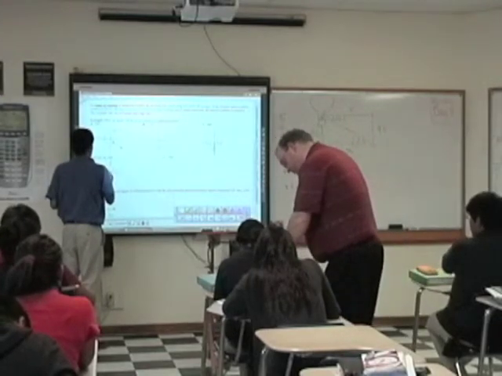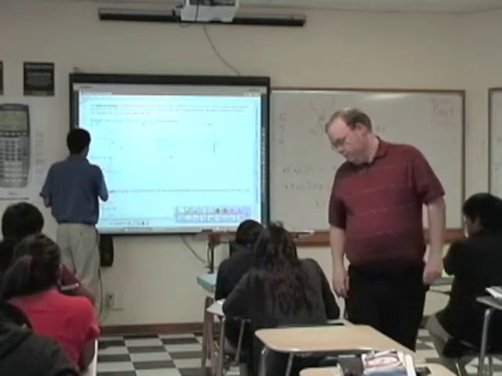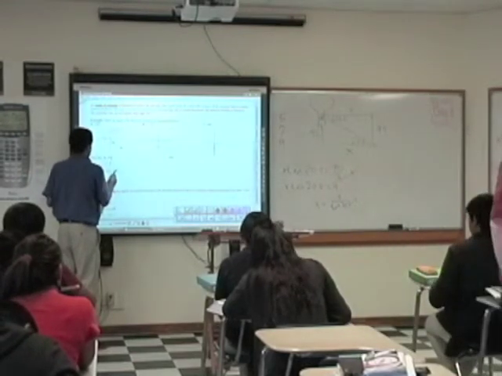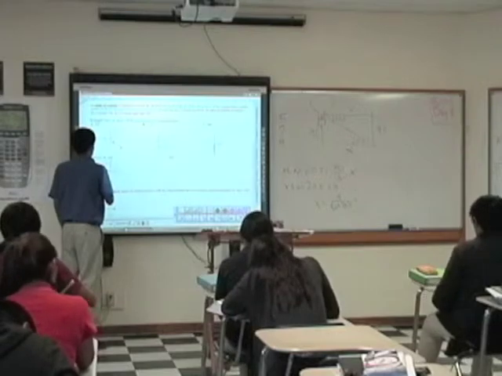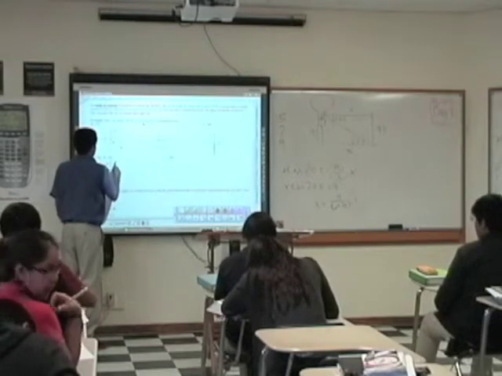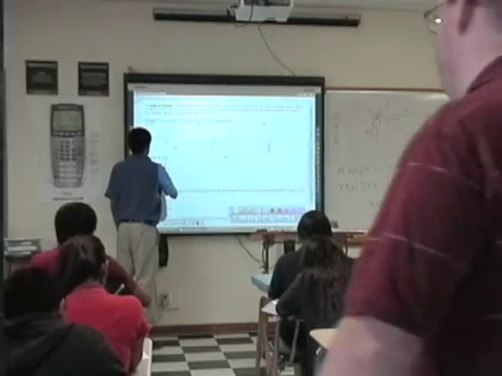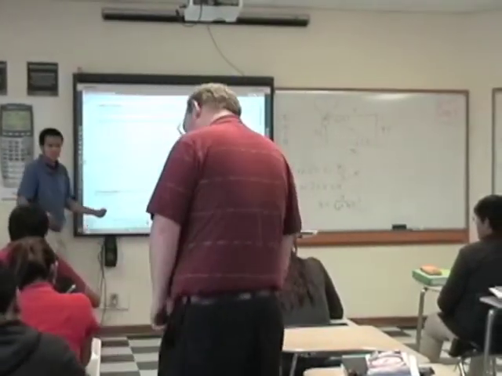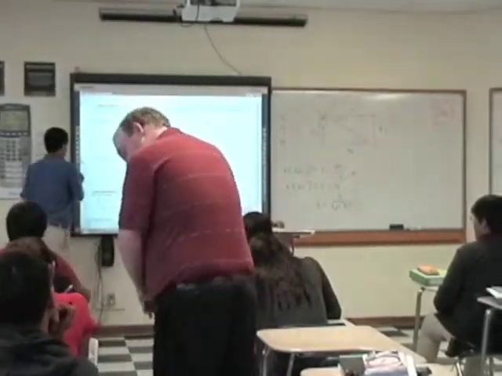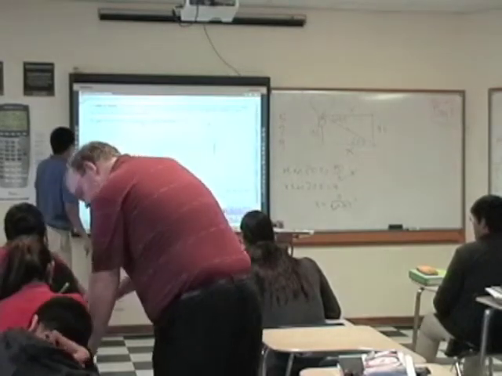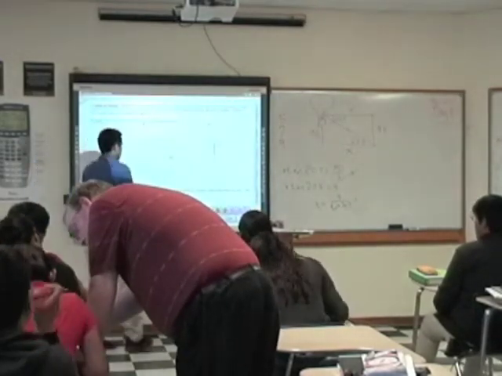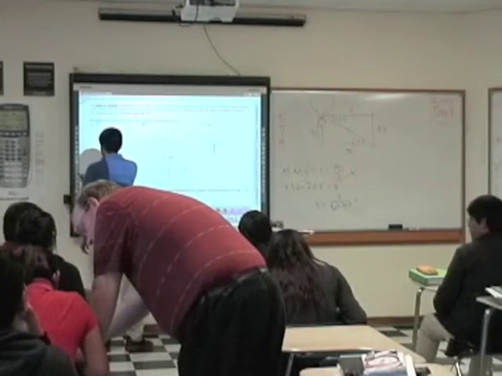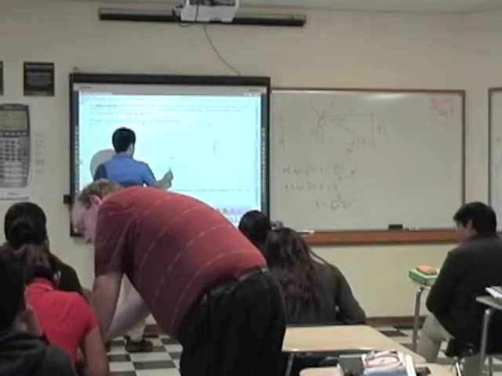Let me shoot this one. Very good. You guys look like you got this. Very good. Okay, so you start here. This is your initial side. And which way are we going to go? Clockwise or counterclockwise? Counter.